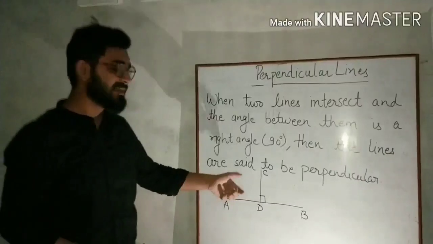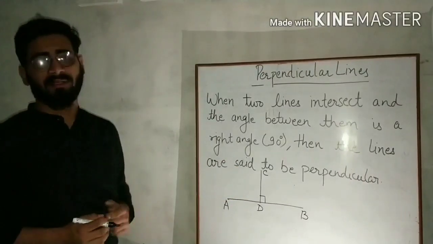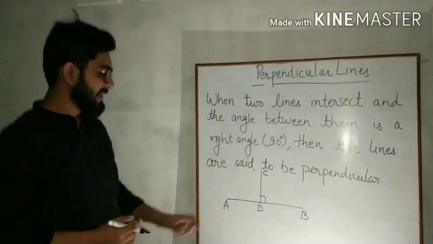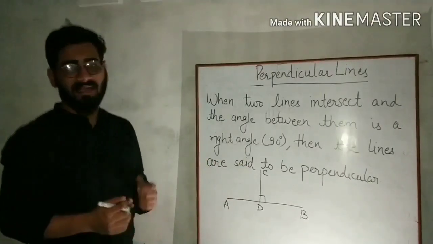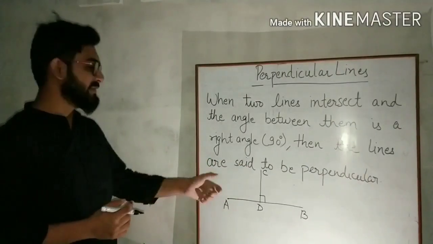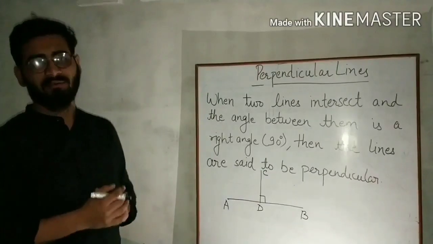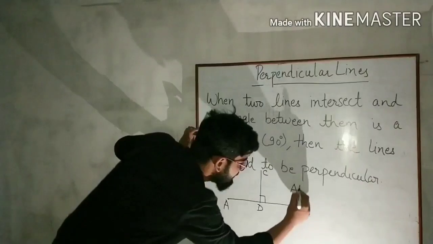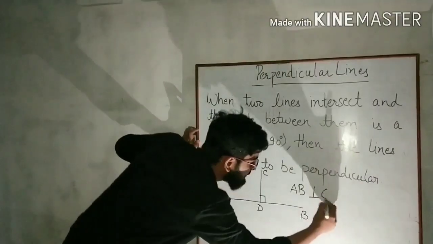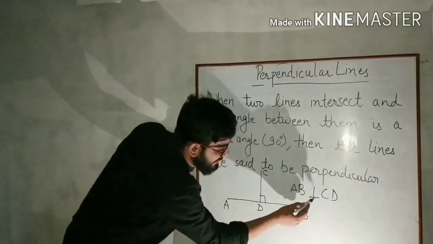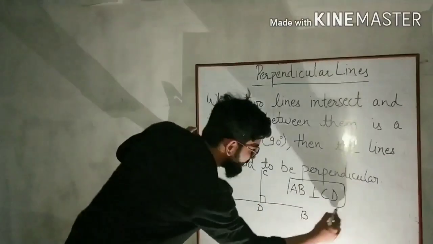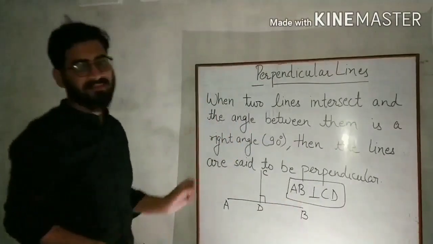Then these lines are perpendicular lines, and we can write it as AB perpendicular CD. This is the sign of perpendicular. This means that AB is perpendicular to CD.